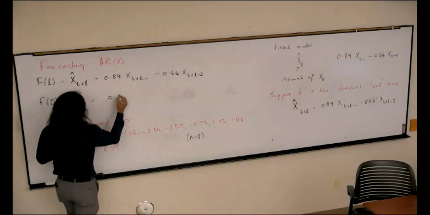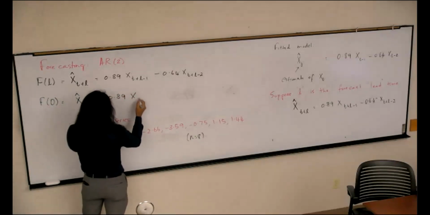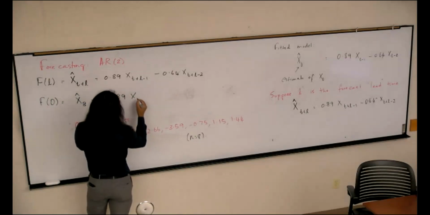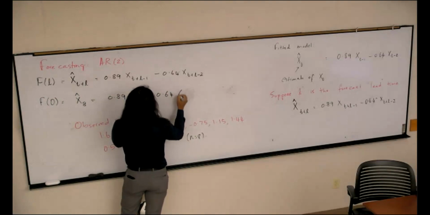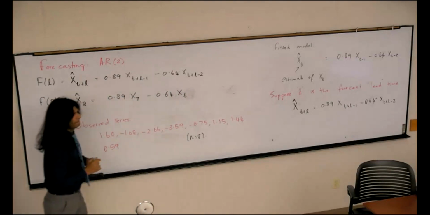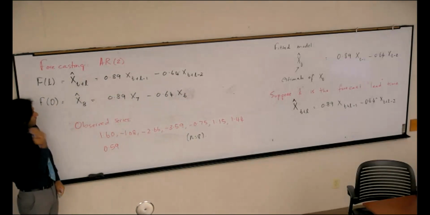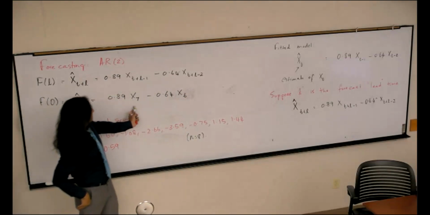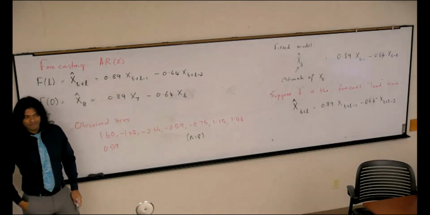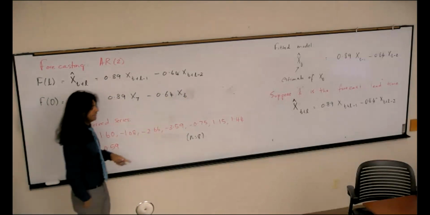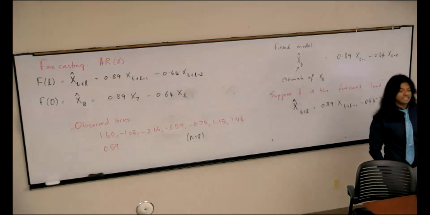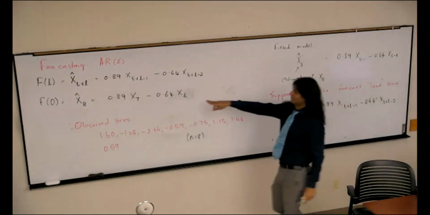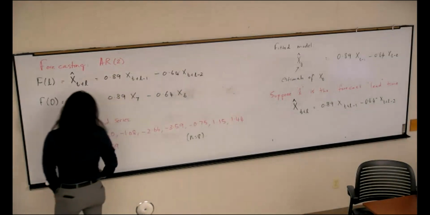And that is 0.89 x of 8 plus 0 minus 1, so x7, minus 0.64 x6. Now, do you think why I'm not putting a hat on that? Because I'm going back to values that are actually in the series, something that you've really observed. So no hat here.